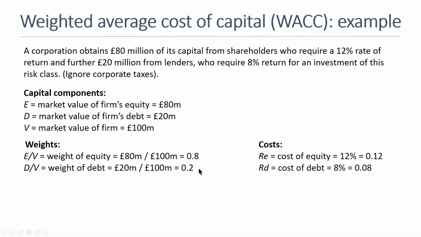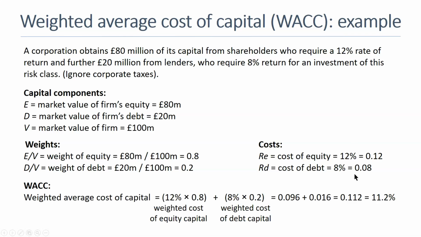Now we also need to add the cost of capital. Cost of equity in this case is 12%. This is the return expected by shareholders. This is the minimum return which they need to get. And cost of debt, the percentage return required by our lenders, by banks or bondholders, is 8%. Now let's plug in these numbers into our formula for WACC.